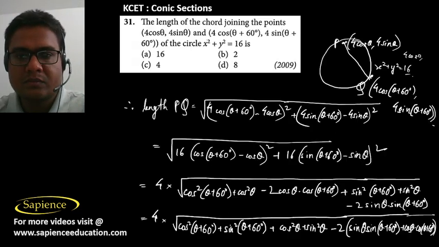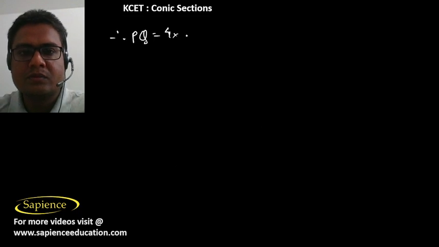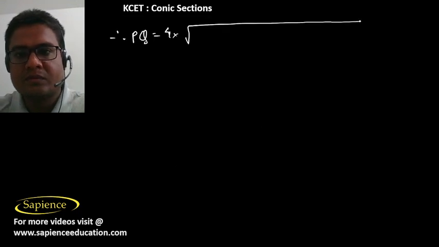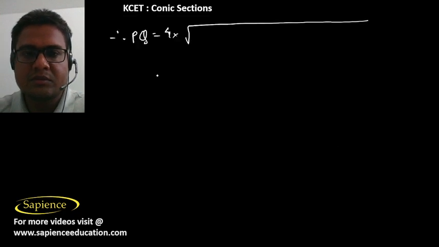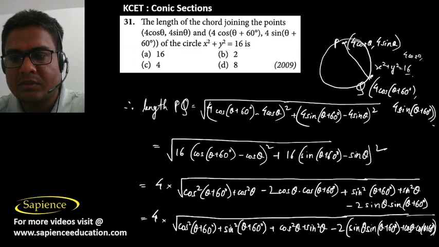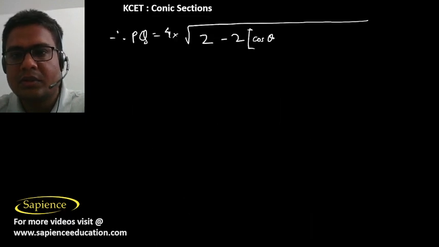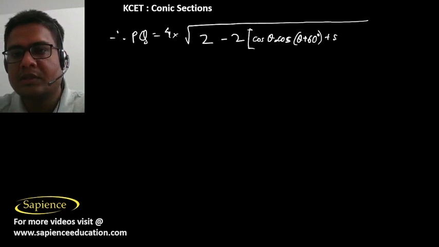So therefore the length PQ will be equal to 4 into square root of, cos square theta plus sin square theta is 1, and here also this is 1, so 1 plus 1 is 2, minus 2 into cos theta into cos theta plus 60 plus sin theta into sin theta plus 60.